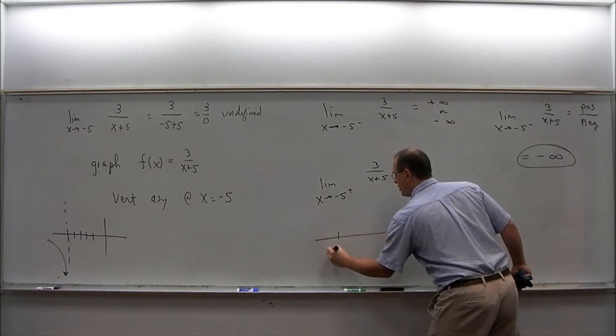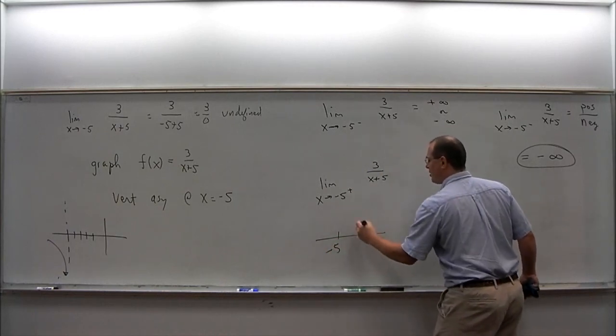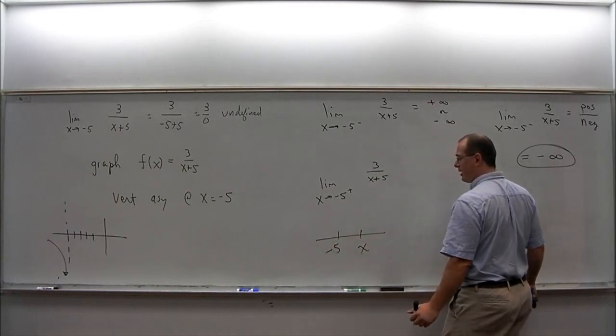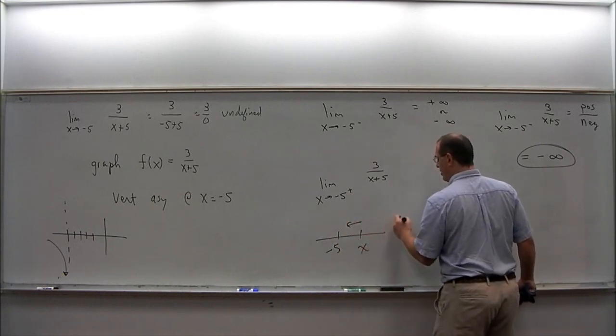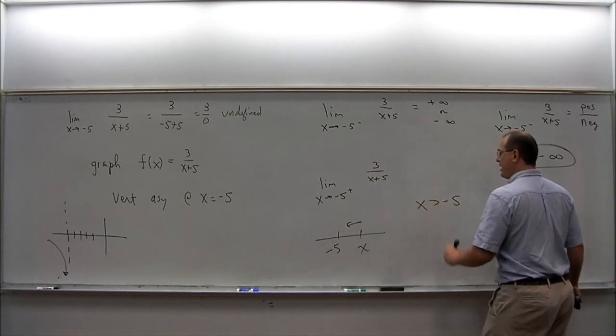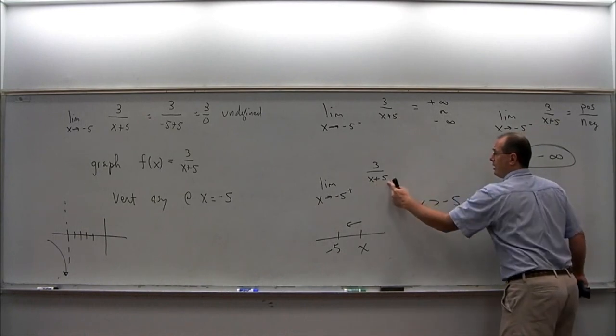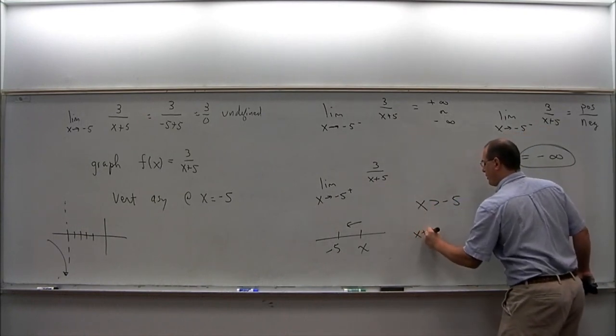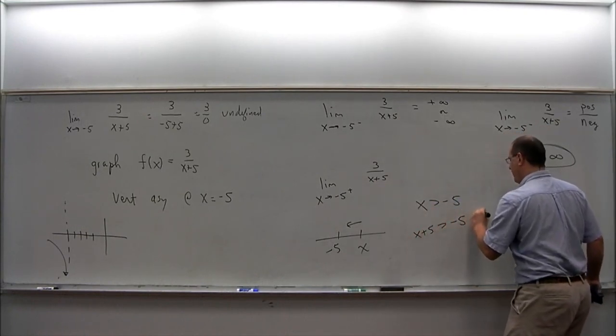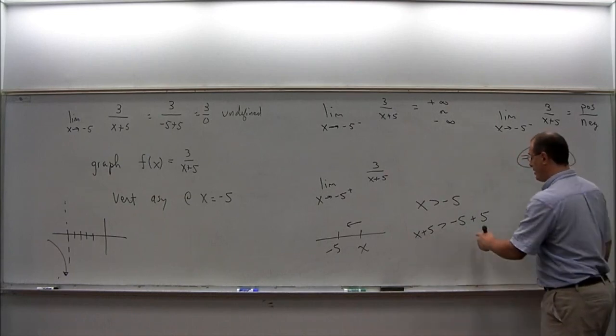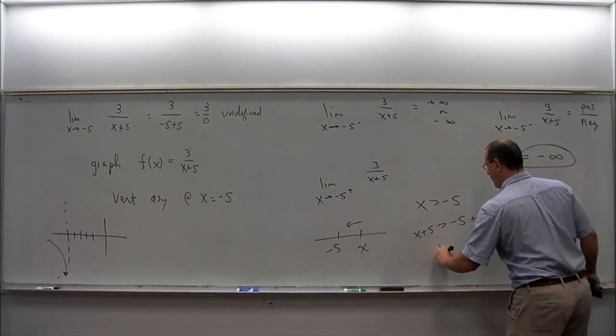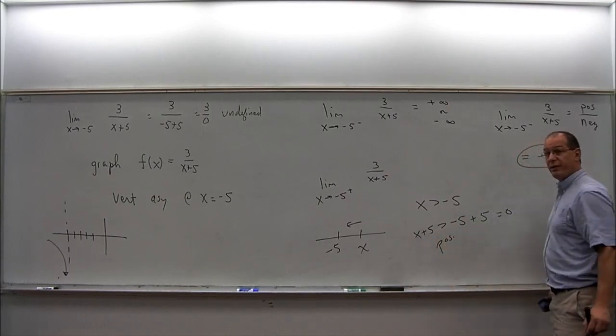So in this situation, here's -5. X is going to -5 from the right. So x is bigger than -5, and x plus 5 is bigger than -5 plus 5, and that's 0. So x plus 5 is positive.